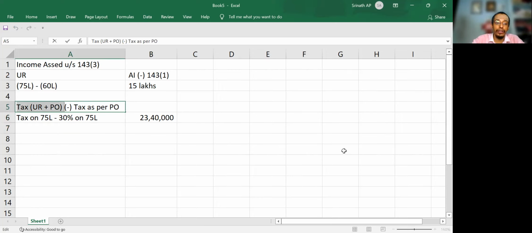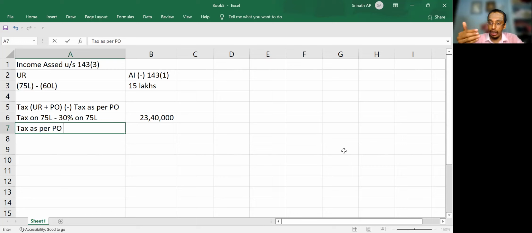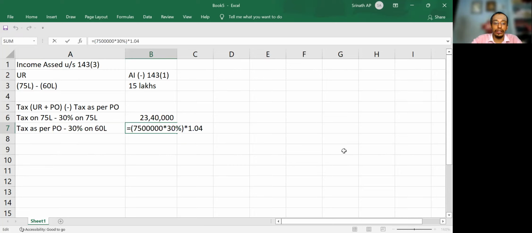Now the first limb. The second would be tax as per preceding order. What is preceding order? 143(1). That is 30% on 60 lakhs. So it is 60 lakhs into 30% into 1.04. What is the 1.04?